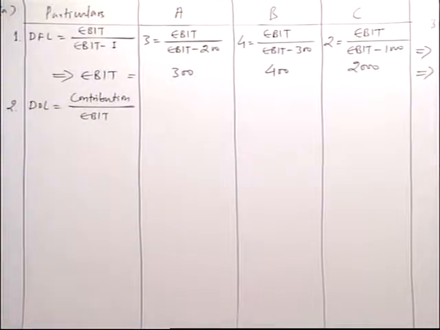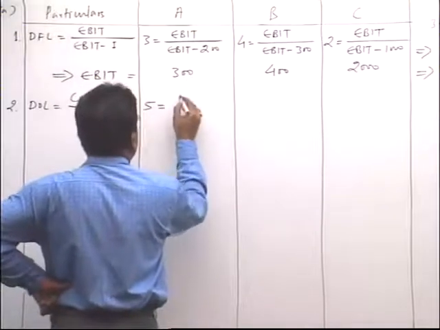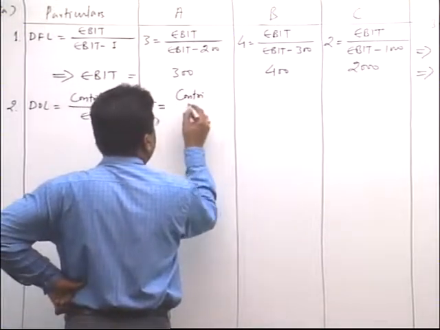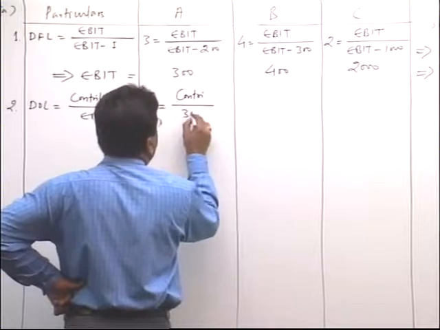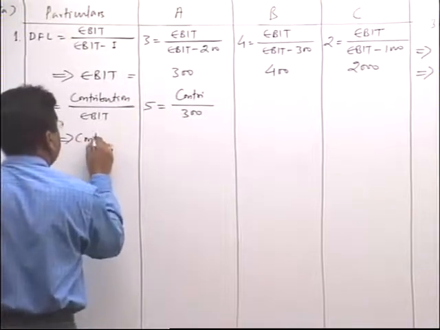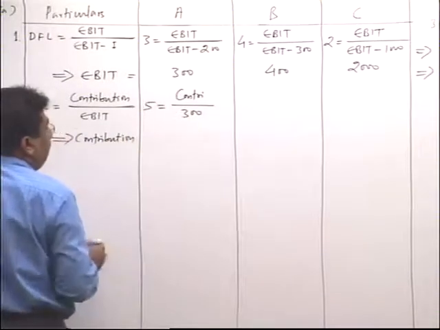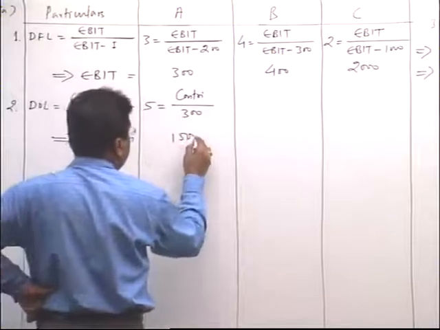Now, in company A column, you can see that degree of operating leverage is 5. So, 5 is equal to contribution upon EBIT, which is 300. That implies contribution is equal to 1500.